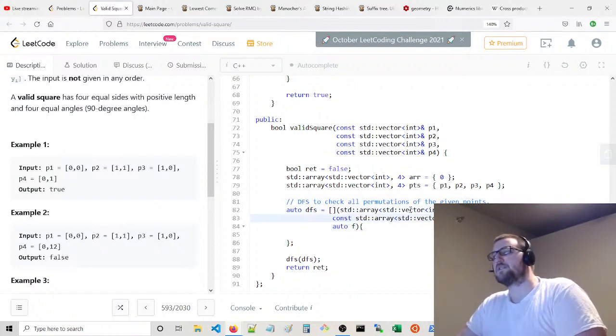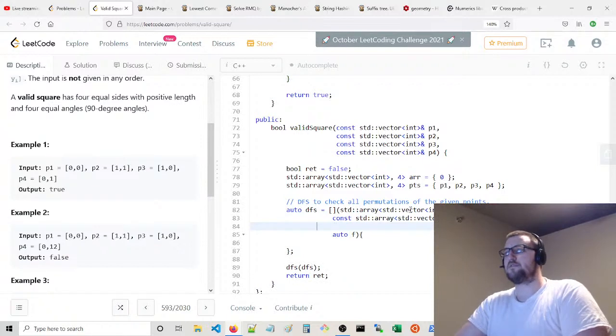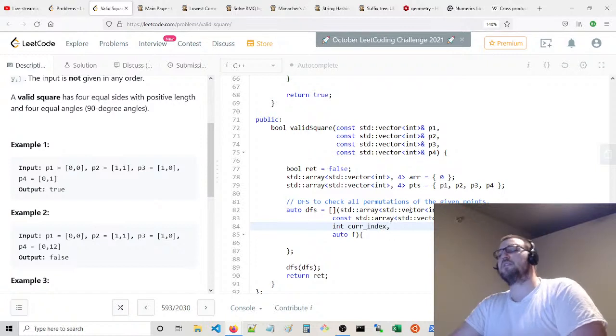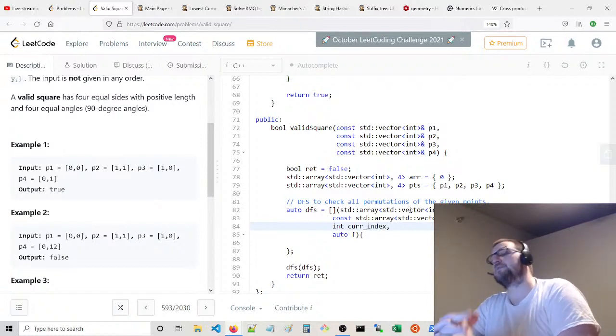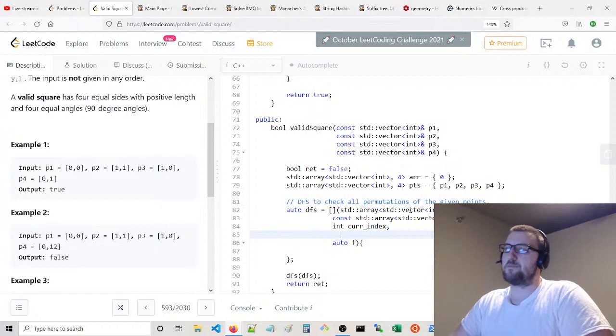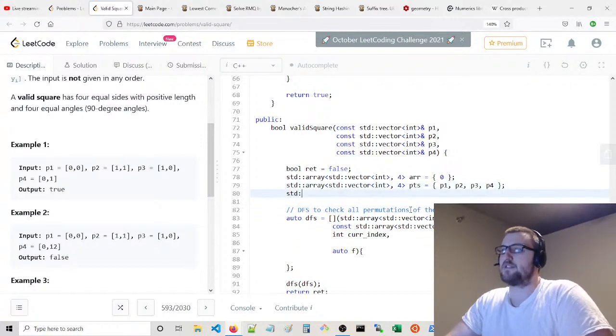We have the index. And we also have a bit set. We said we wanted to have a bit set, so let's try that. We'll just call that possible.